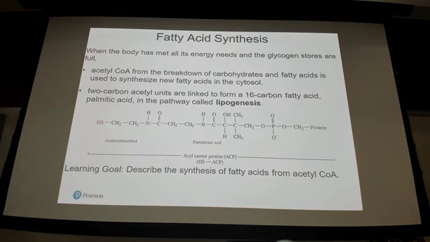All right. Now we're going to talk about fatty acid synthesis, or lipogenesis. Lipogenesis occurs when we now have excess acetyl-CoA that has been produced, and we're going to make fatty acids. And this is also excess acetyl-CoA and our glycogen stores.